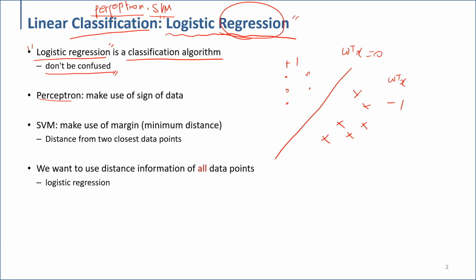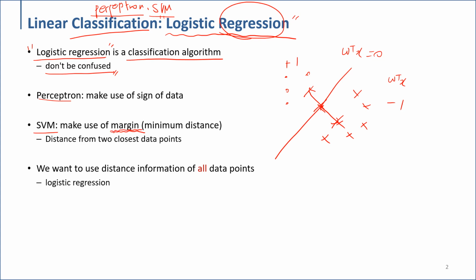And in the case of SVM, we add an additional term to use the maximum margin. That means by calculating the maximum margin, like from here to here, our additional objective is to make the margin maximum.